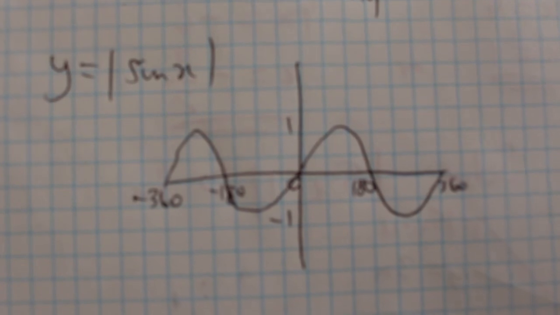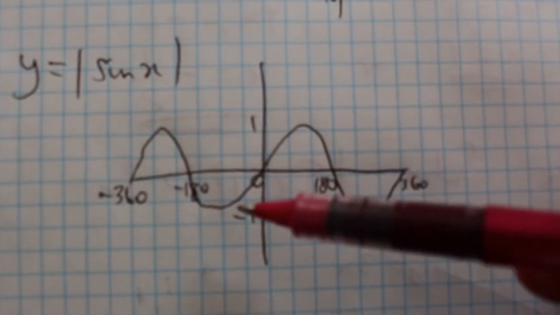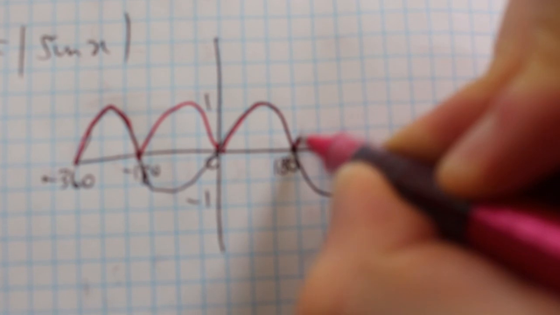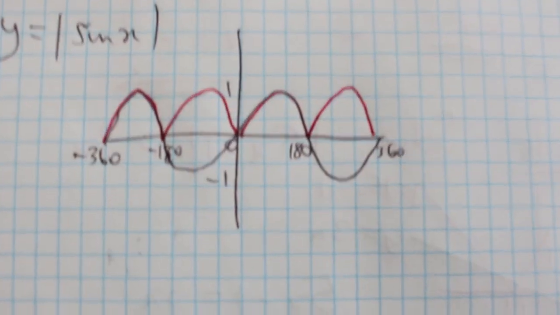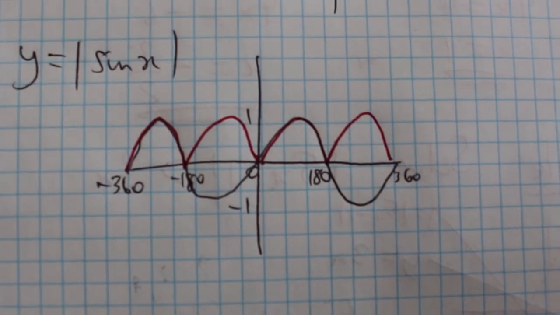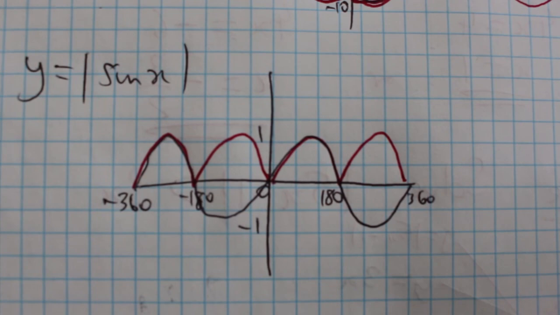And again, we're going to follow the instruction to reflect everything below the x-axis in the x-axis. So that would give us these 4 equally sized bumps like this. So that's in pink, that's the graph y equals the modulus of sine x.